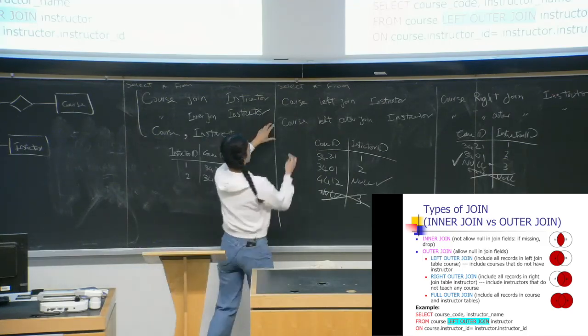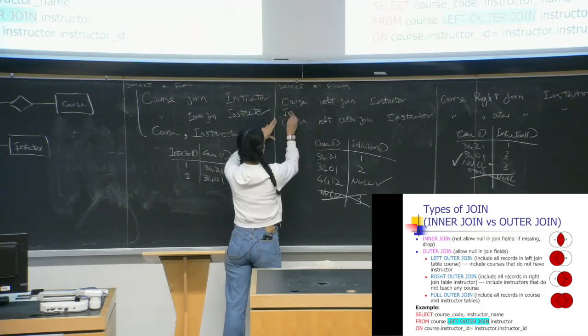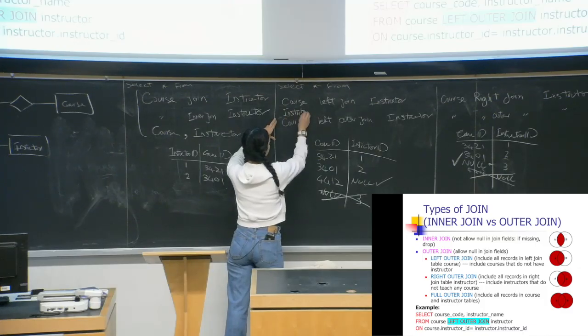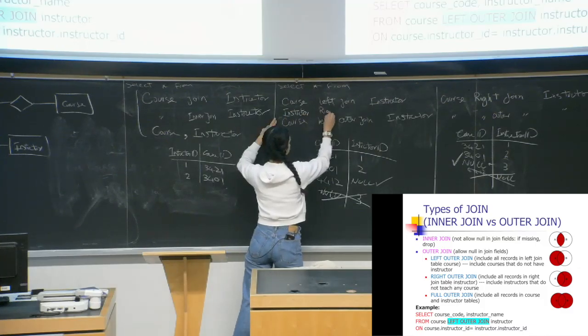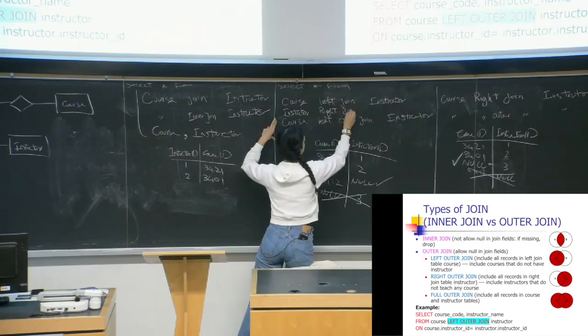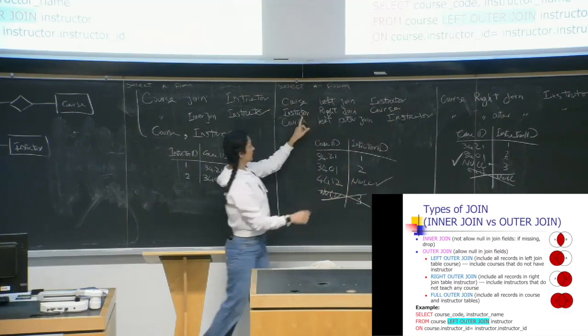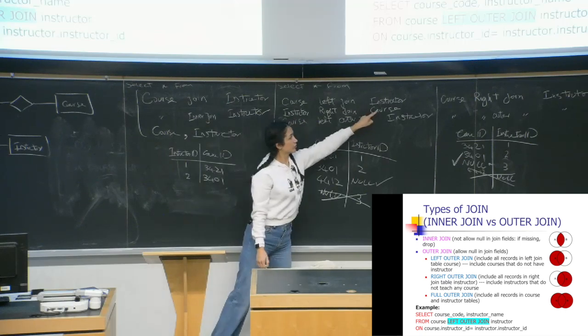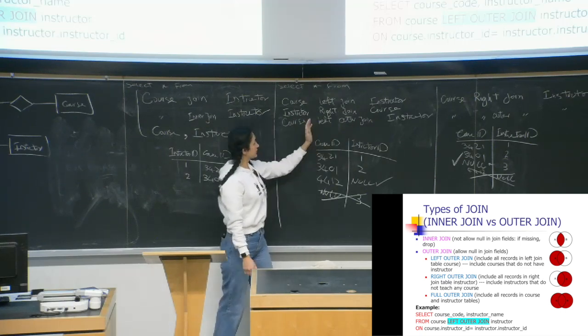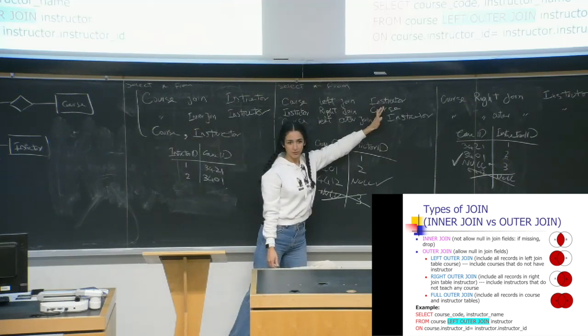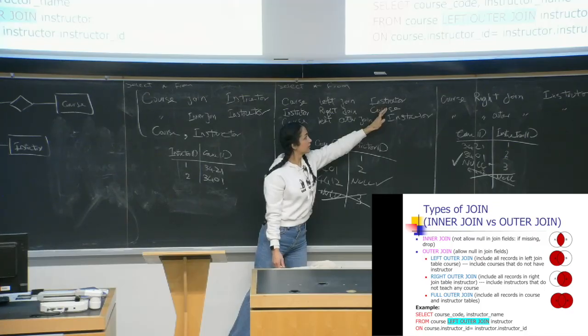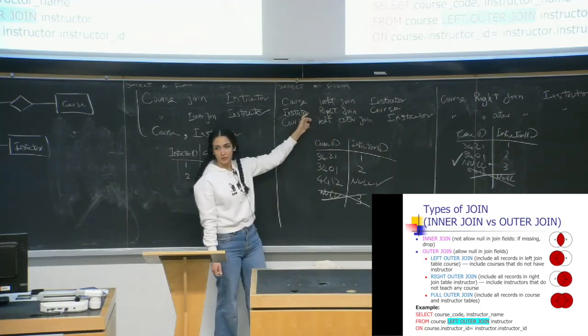So it's the same as instructor right join course. Because if I write instructor right join course, it means everything from course, from the right table, which is the course, even if the instructor value is not.